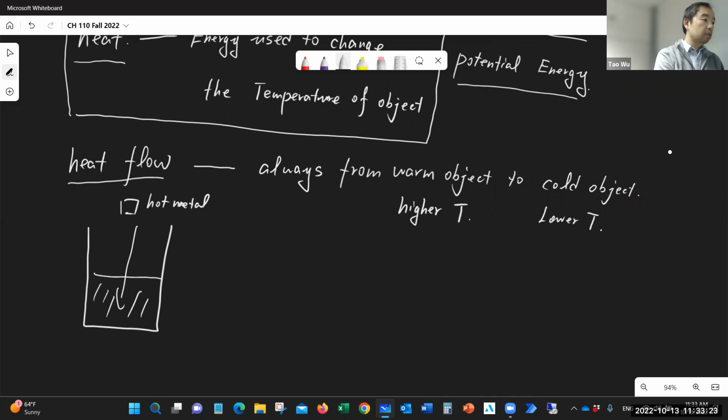When this hot metal goes into the cold water, the hot metal will lose temperature, right? The temperature of the metal will decrease.